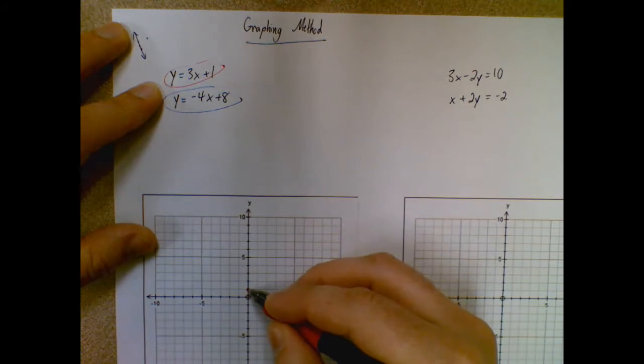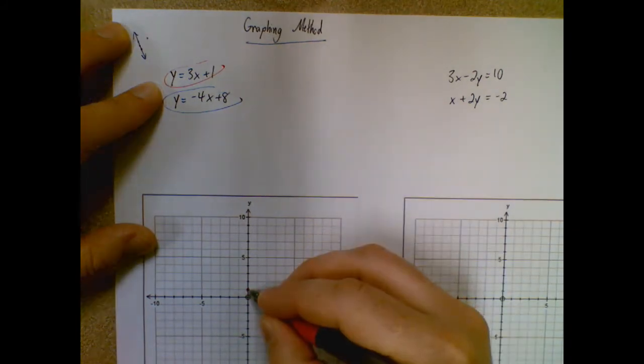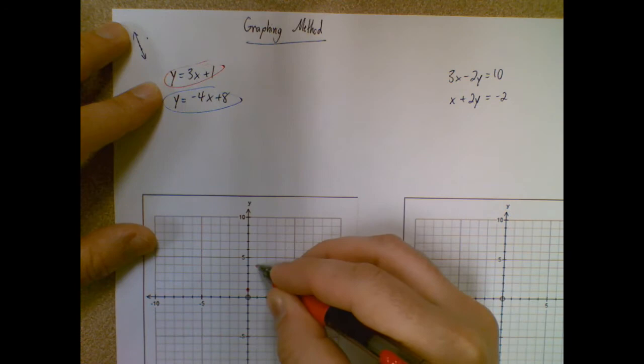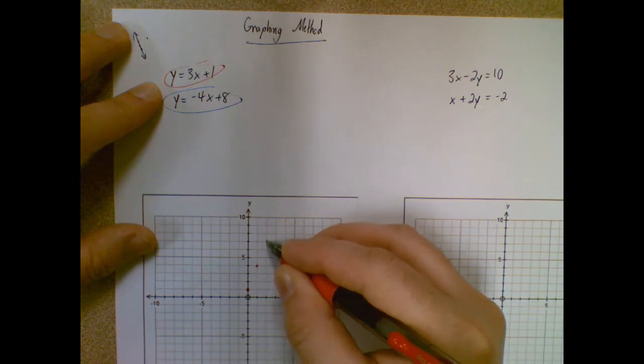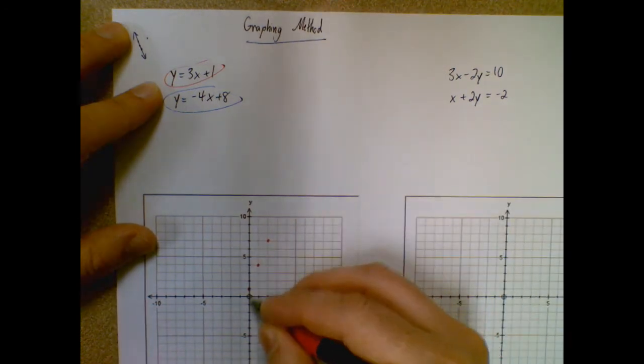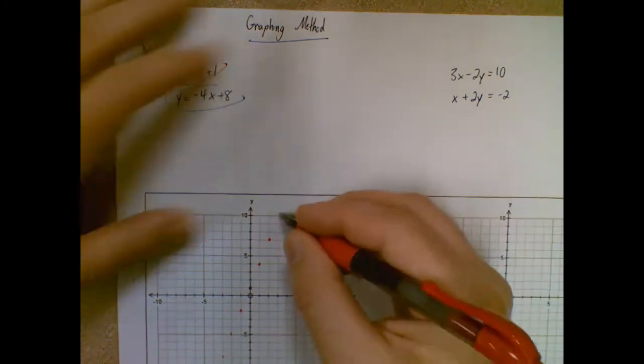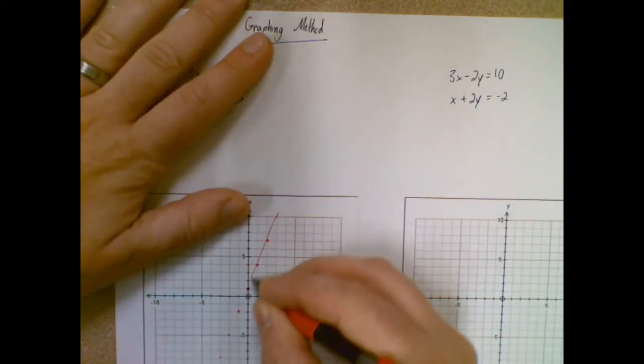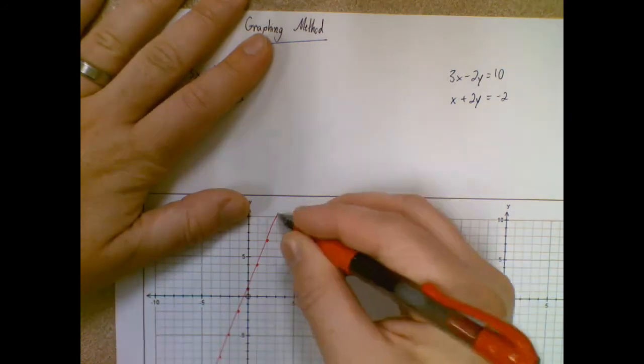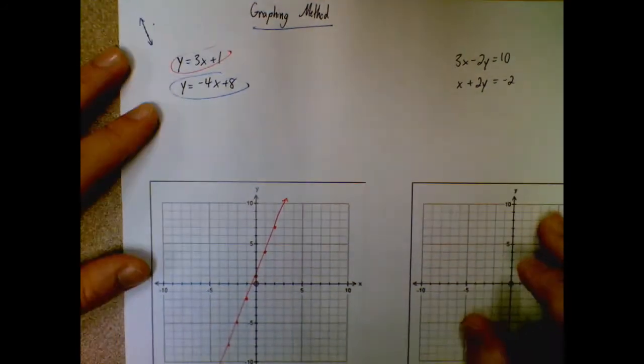That means I need to go up 3, right 1 from my point. I can go the other direction as well to stretch that out. My line right now for my top one looks like that.